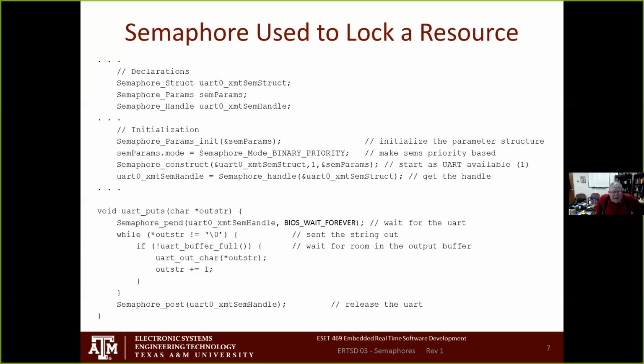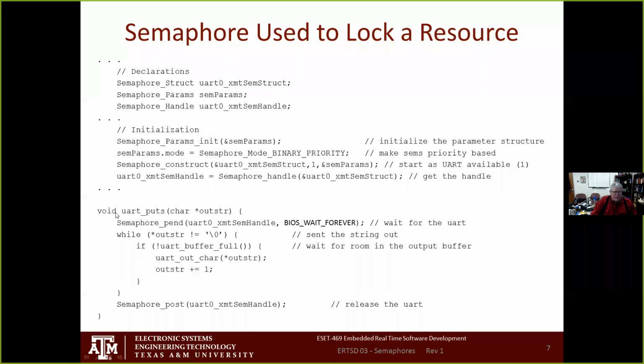You'll notice that during the initialization, we do the init, much like we did with creating a task control block. And we're taking in that initialized semaphore, we're setting its mode to be a binary priority-based semaphore. And we're going to construct the semaphore. And in this particular case, this is going to lock the availability for a UART.